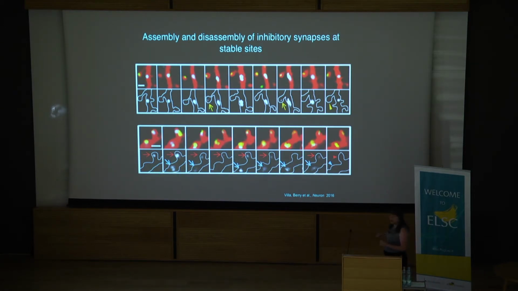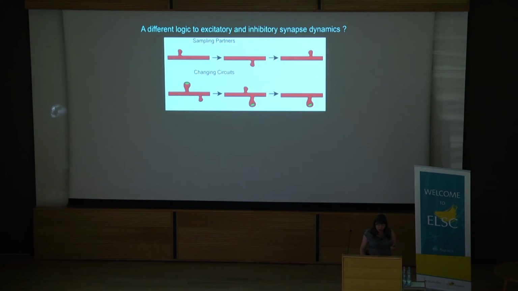But also, if you notice, there's a difference in how these synapses come and go from the spines. With the excitatory spines, what we saw is that most of the changes had to do with popping out at different locations. And when you're sampling partners, it's good to try out different locations, and only a few of those are stabilized.